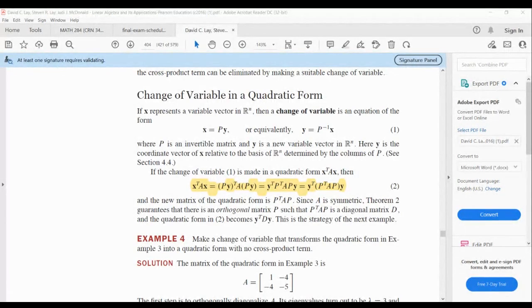And so you're able to write x transpose A x as y transpose times P transpose A P times y. Well, it turns out P transpose A P is a diagonal matrix. And that makes sense, and I'm going to show you why.